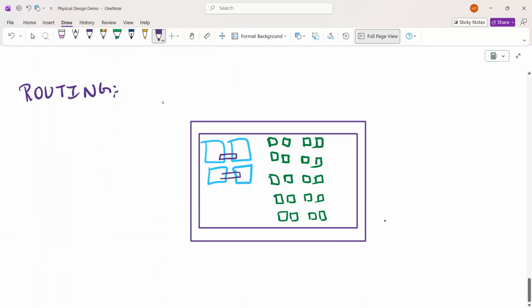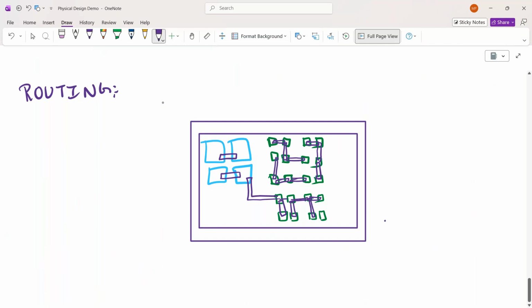These are your layers. This is what happens in routing. After routing, you will see all the things are connected.